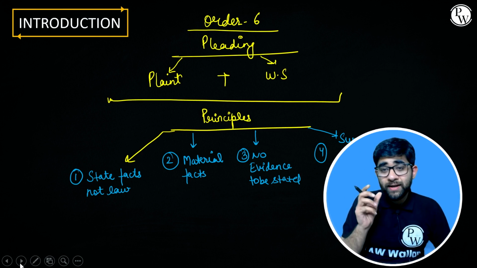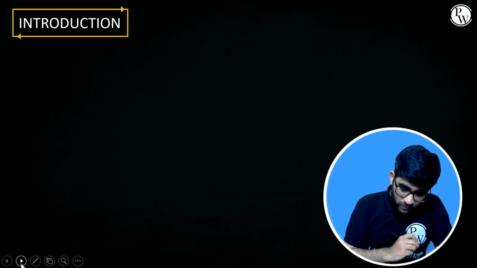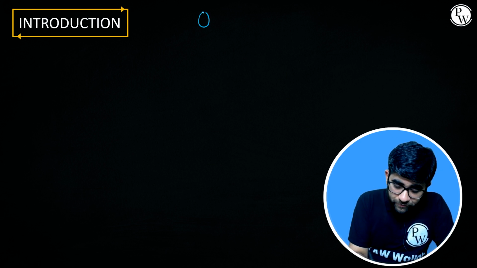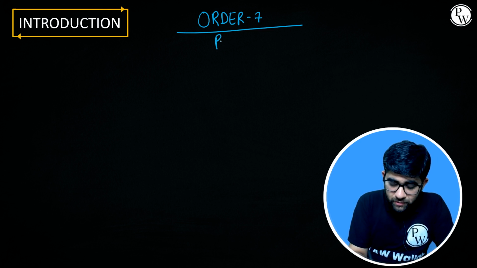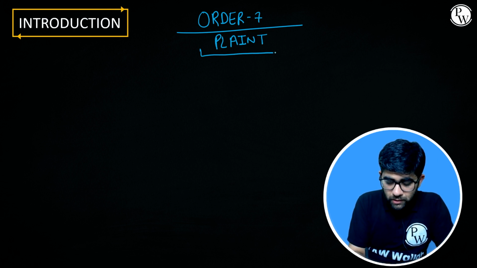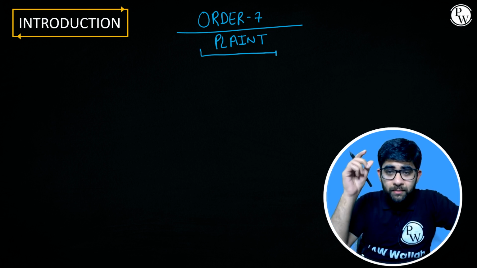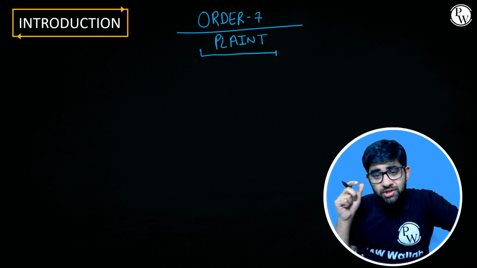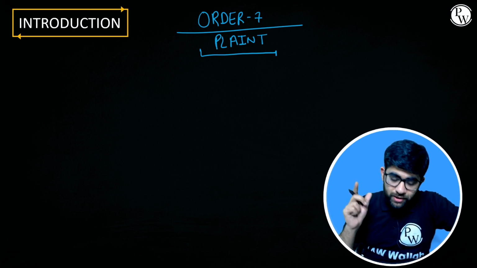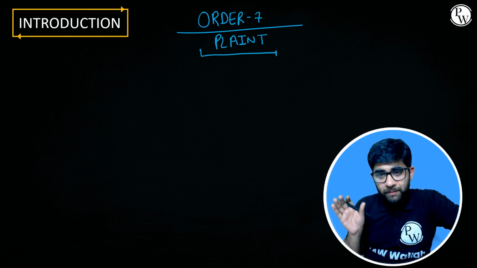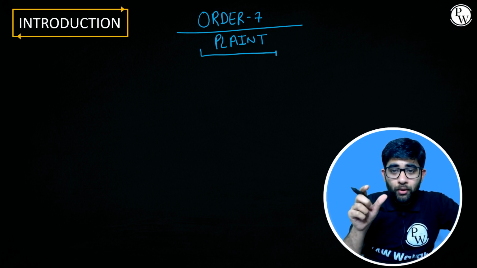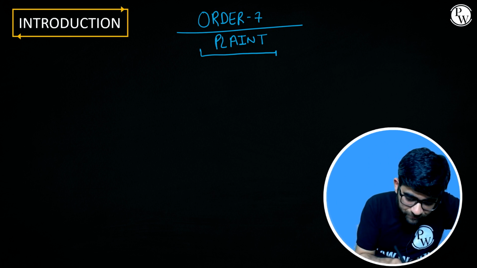So this was your order 6. Now it's order 7, that is plaint. Order 7 tells us the structure of how a plaint should be structured. So I'll be drawing out the structure of the plaint and telling you about the important parts of the same.